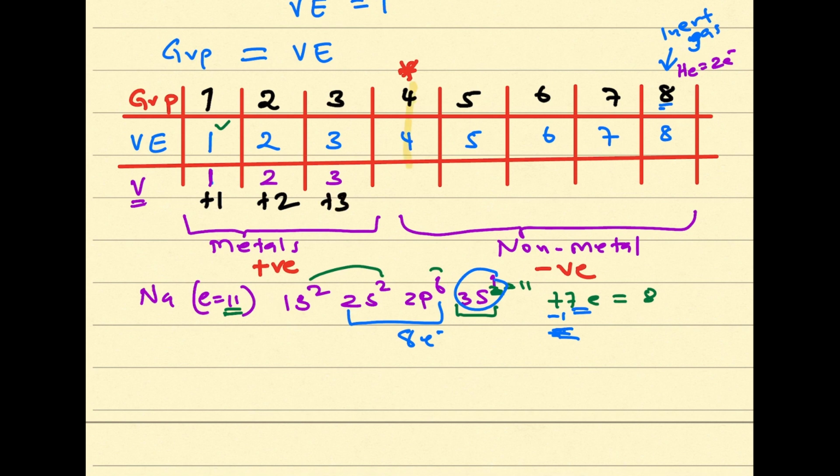Now, when we look at group 4, this is very interesting because 4 is halfway. They can either lose 4 electrons or gain 4 electrons to get to 8. And both of those require the same amount of energy. Because of that, group 4 will rather participate in electron sharing than in forming ions.